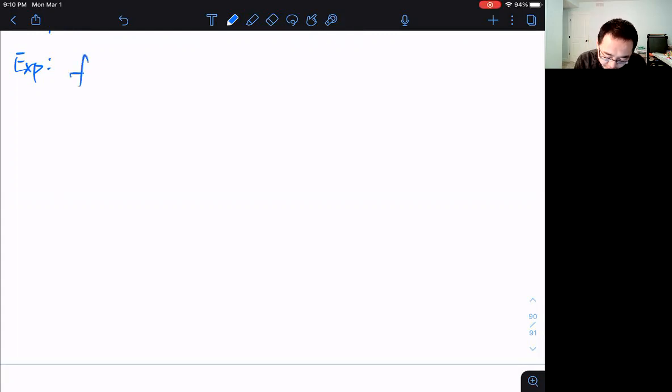So first of all, if f of x equals 8, and this is a constant, so we know then the derivative is 0, right? Because there's no change. This line is just flat all the way through, okay? Now, what if f of x equals 5 times x cubed?